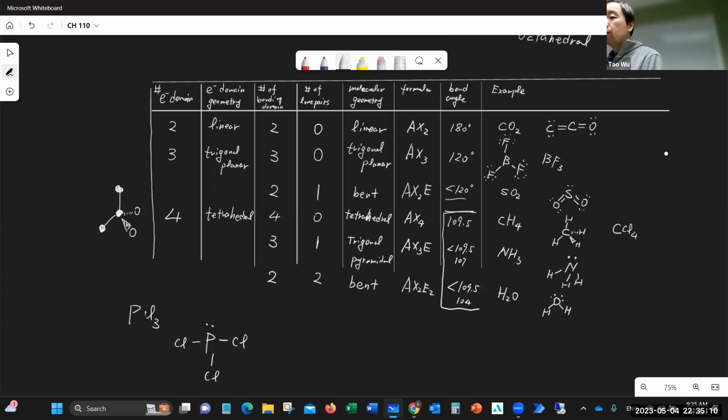And it has three bonding domains and one lone pair, so the geometry for this molecule will be trigonal pyramidal. The bond angle should be smaller than 109.5. Are you clear?